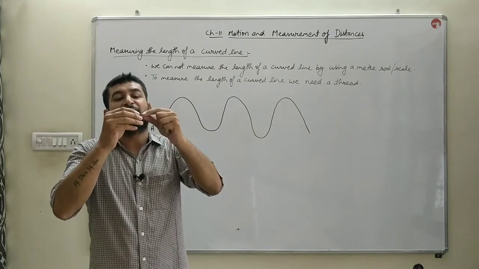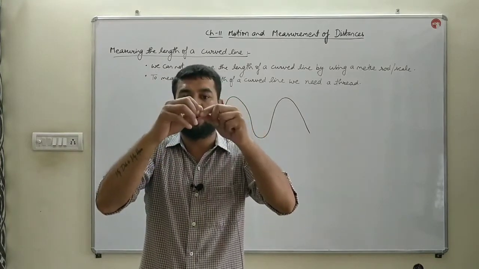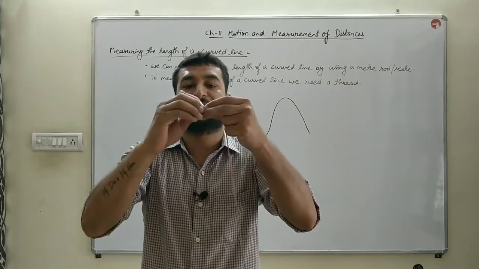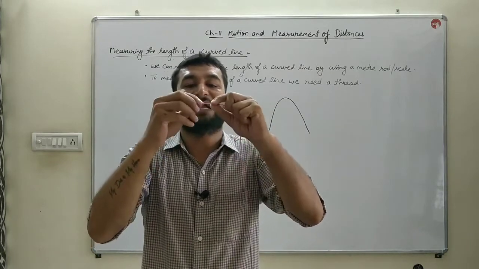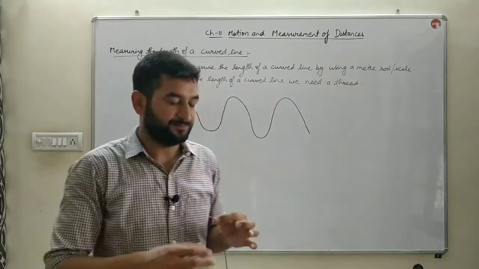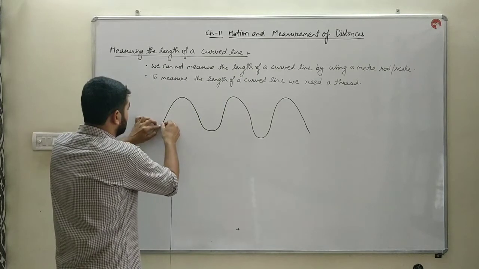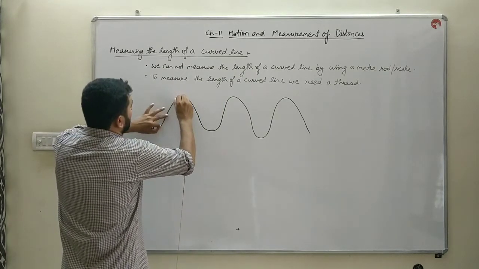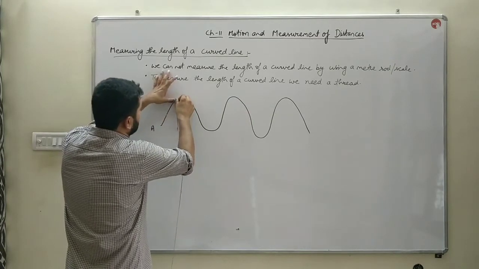Tie a knot at one end. You can make it a double one so that it can be clearly visible to you. You can make it a triple one also to make it more clear. So that knot at the end will act as a starting point. Place this knot at one end and then take this thread along with that curved line.